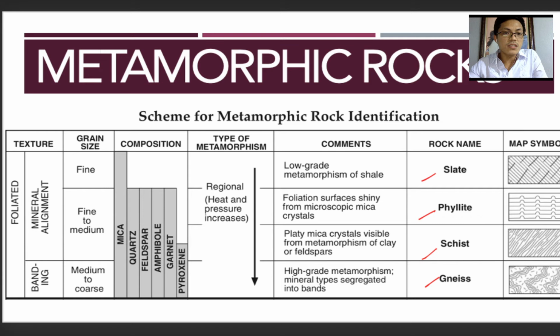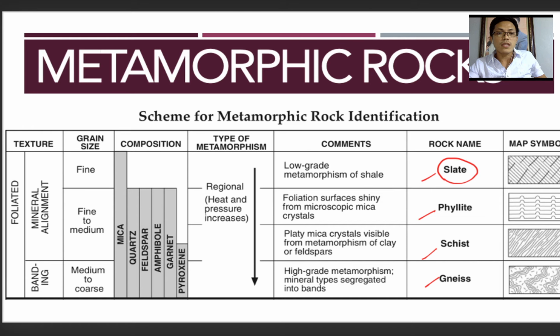When there is an application of heat and pressure, or a low-grade metamorphism, we can form slate. If we increase the heat or the pressure, we can have the formation of foliation, so it can be foliated.